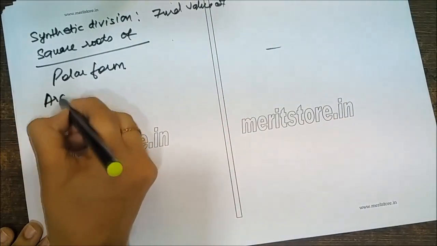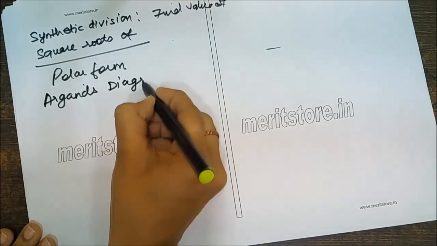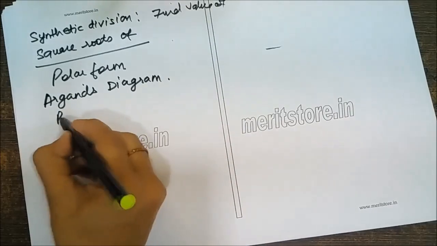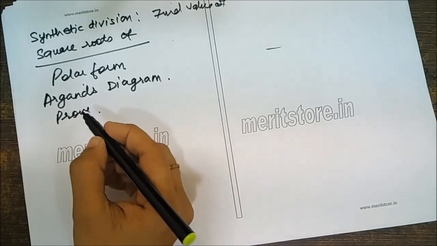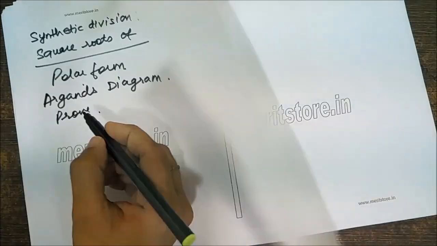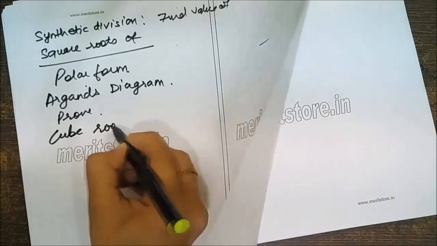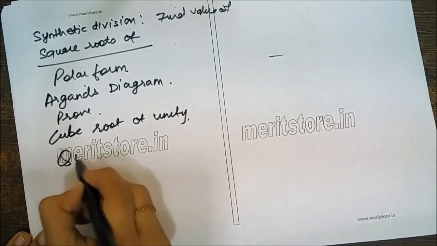Then we discussed Argand diagram, proofs, and then cube root of unity and quadratic equation.